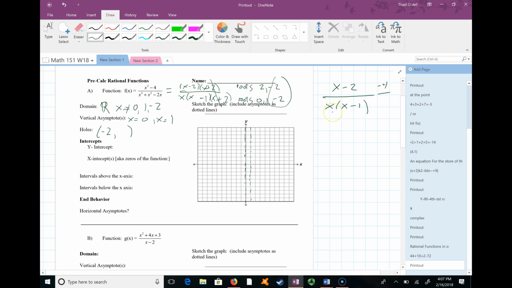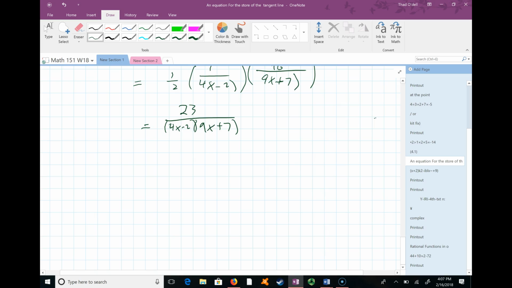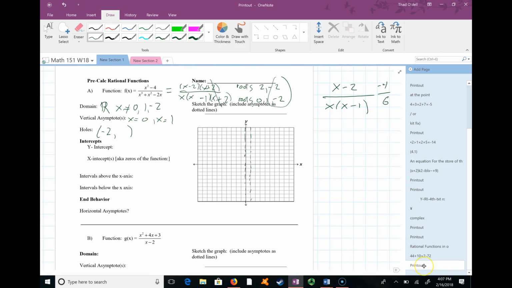Plug a negative 2 in here, I would get negative 2 times negative 3, which would be 6. So that would be negative 2/3. So negative 2 and negative 2/3, that'd be right about there. There'll be a hole. Okay, looking good.